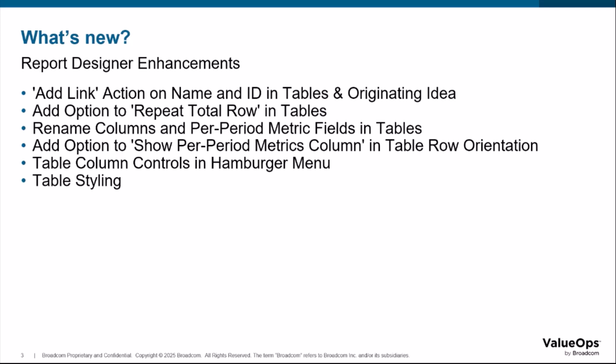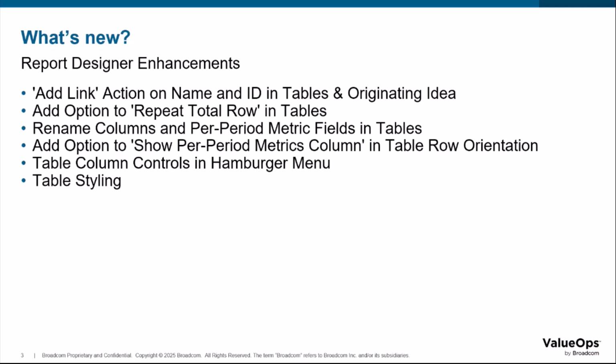We included the ability to rename columns and per period metric fields in tables, as it enhances the report's readability, context, and relevance for the end user without any changes to the underlying data structure. We added an option to show the per period metrics column in table row orientation, which provides users the control to display or not to display the periods column while creating or presenting the report to other stakeholders.